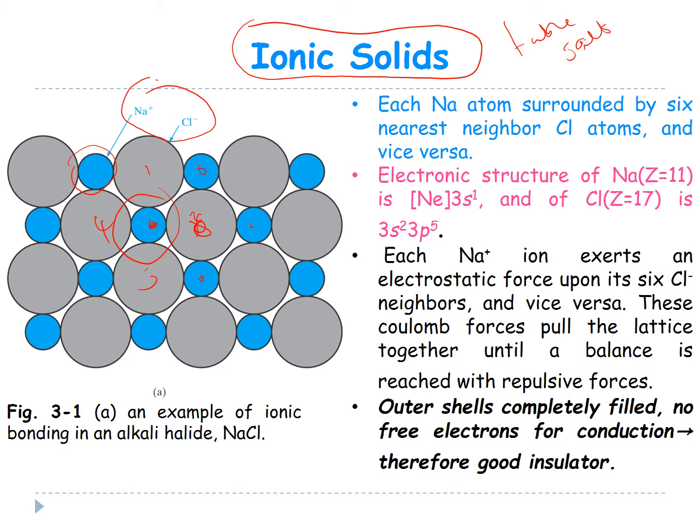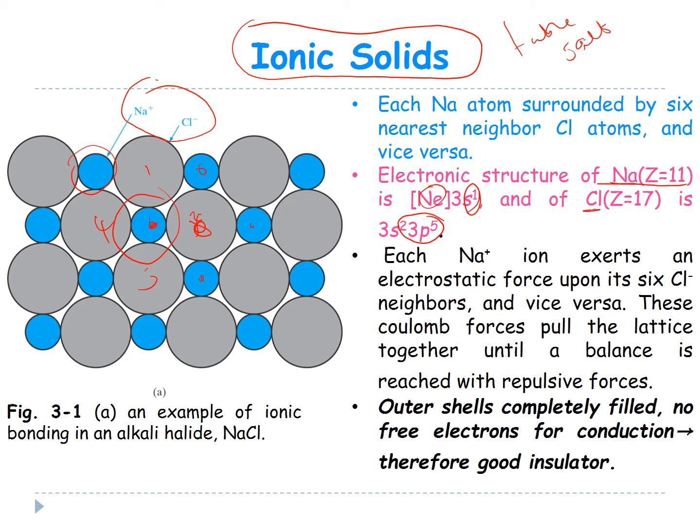As you all know, the electronic structure of sodium is such that you have 1 electron in the outer shell, 1 valence electron, and chlorine has 7 electrons in its outer shell. So for both of these atoms to obtain the octet stable state, one has to give up its electron, which is the sodium atom, and one has to receive an extra electron, the chlorine atom.